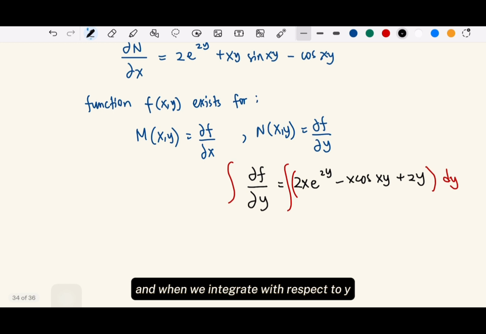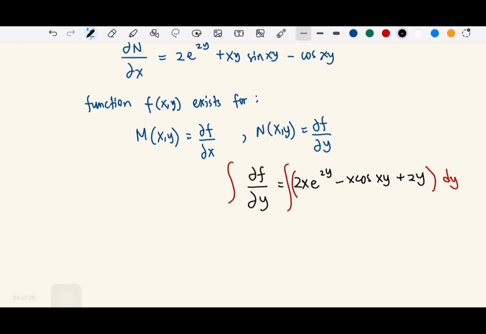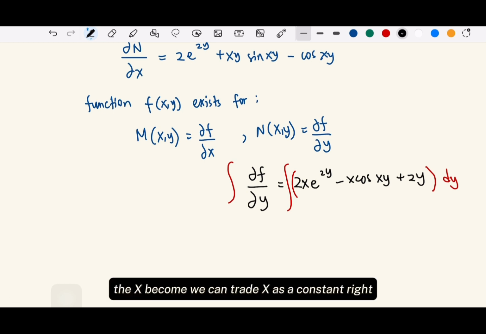And when we integrate with respect to y, we can treat x as a constant, right?